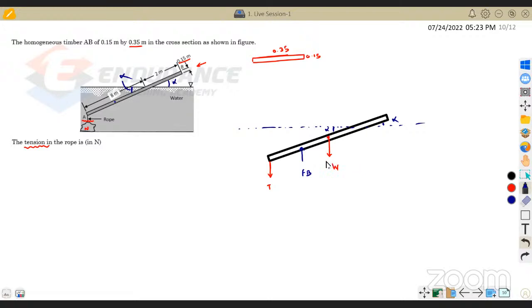So now what are all the different equations I can apply? For equilibrium, there are three actually, but here there are no forces acting in the horizontal direction. So one is summation of force in y direction should be 0. Another one is summation of moment about the point A should be 0. So these are the two equations which we have. Not only about point A, you can take about any point, but I'm going to take about point A or any other point so that it will be convenient for me.